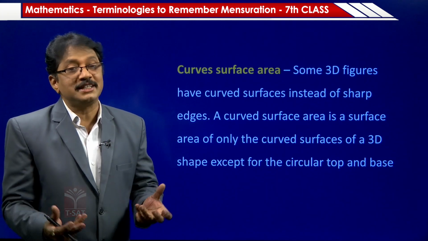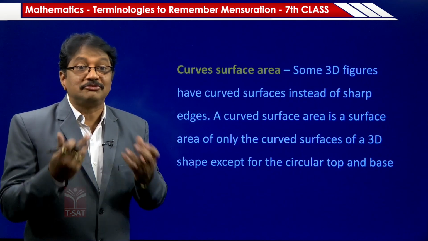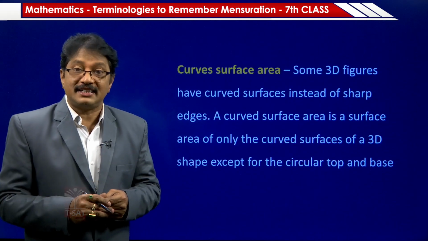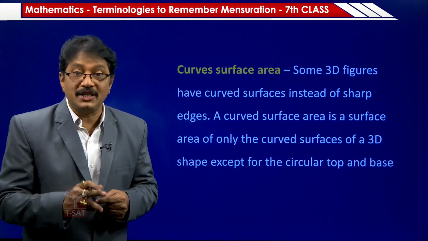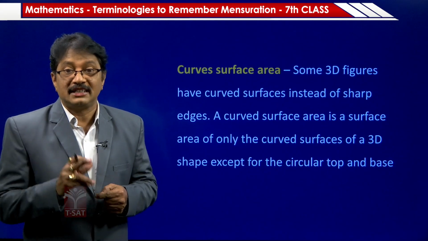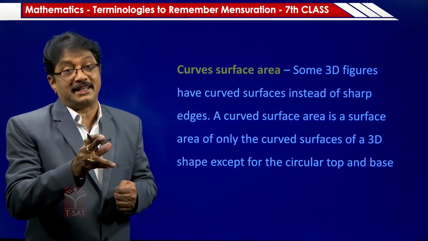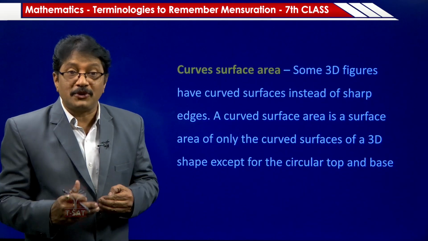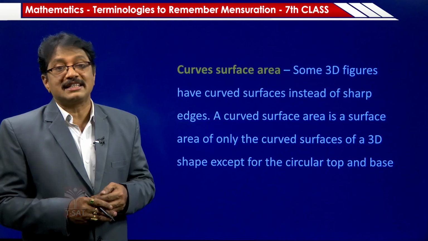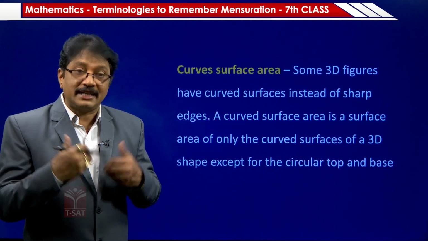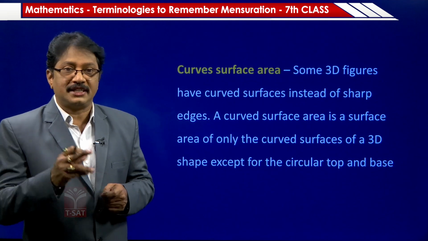So instead of lateral, we use the word curved surface area. Curved surface area is the surface area of only the curved surfaces of 3D shapes except for the circular top and base. Already I said, when you consider top and bottom, it will be considered as a total surface area. When you exclude these two, then we call it a curved surface area.